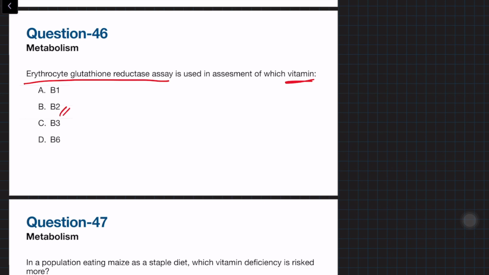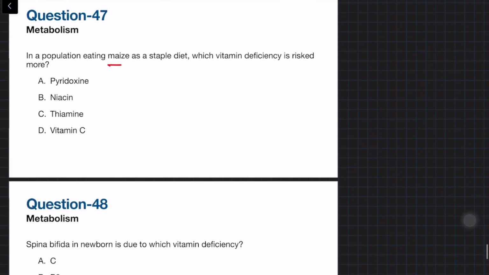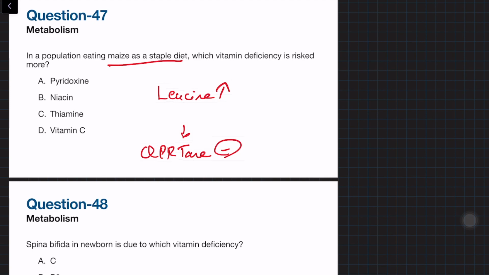In a population eating maize as a staple diet, which vitamin deficiency is at more risk? This was a repeat question from NEET. If you eat maize, what happens is the leucine is high, and this leads to inhibition of an enzyme called QPRTase. This will cause niacin deficiency.